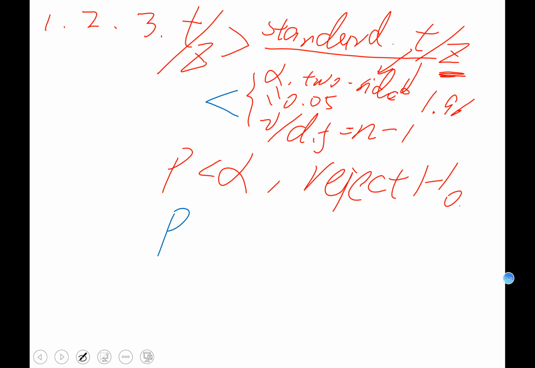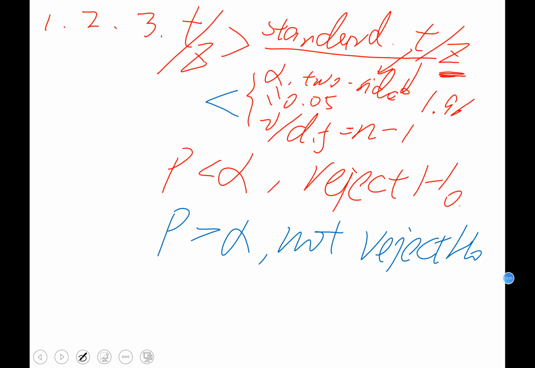That means p is bigger than alpha, so we cannot reject H0. If we cannot reject H0, that means the two populations are the same. There is no significant difference between the two groups, between the two populations. So that is the procedure of hypothesis test.